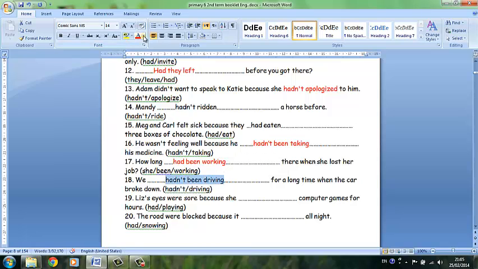So somehow the keyword will help you. If you find any problem, the keyword will help you. Sometimes you wonder, am I going to use the present perfect or the present perfect continuous? Mainly the word between brackets will help you. So Liz's eyes were sore because she had been playing computer games for hours. Sore means her eyes hurt.